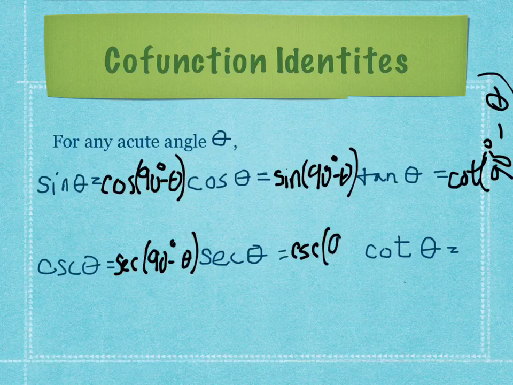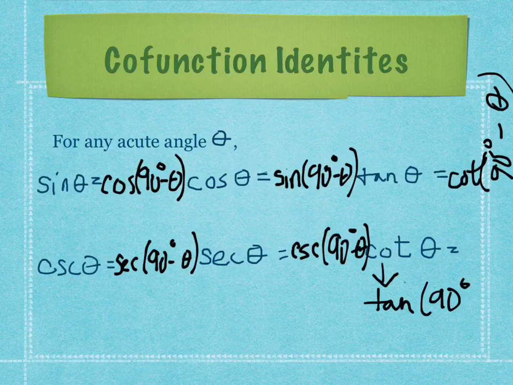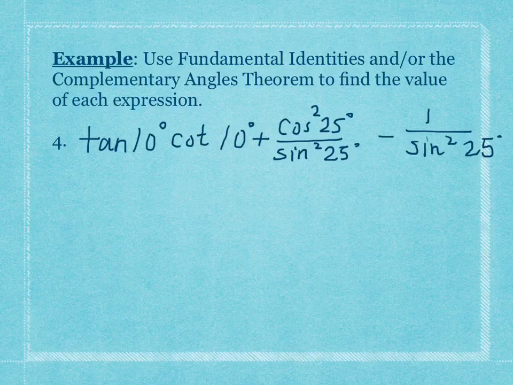Cosecant of 90 minus theta. And how will cotangent be written? Tangent of 90 minus theta. These are cofunction identities. And we're going to take those cofunction identities and the fundamental identities and take a look at simplifying something that looks horrid.